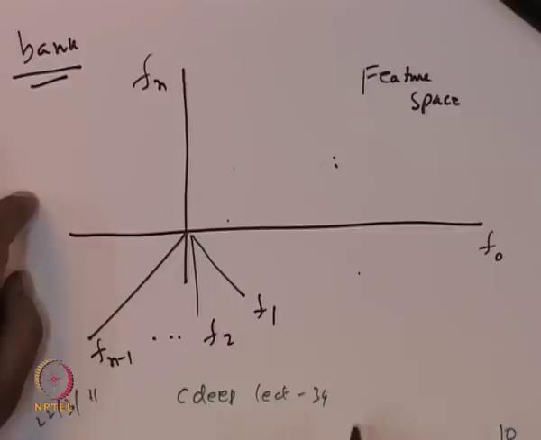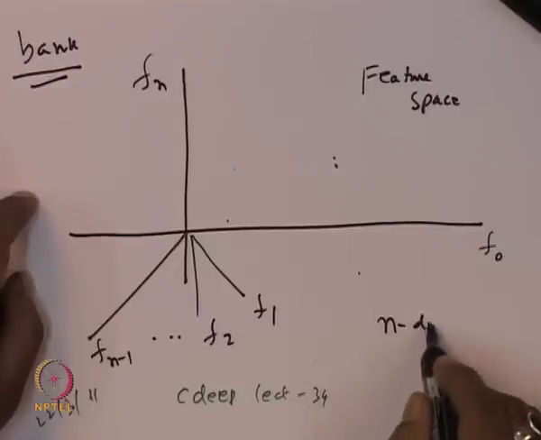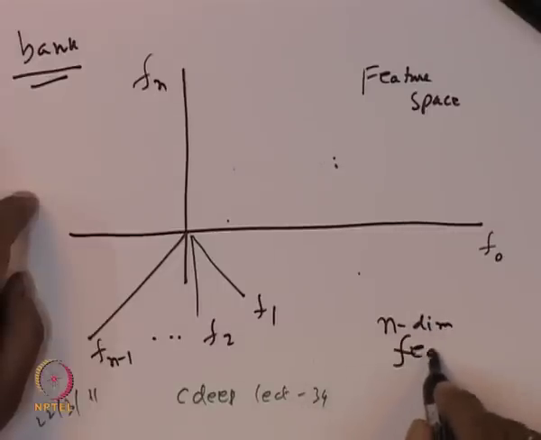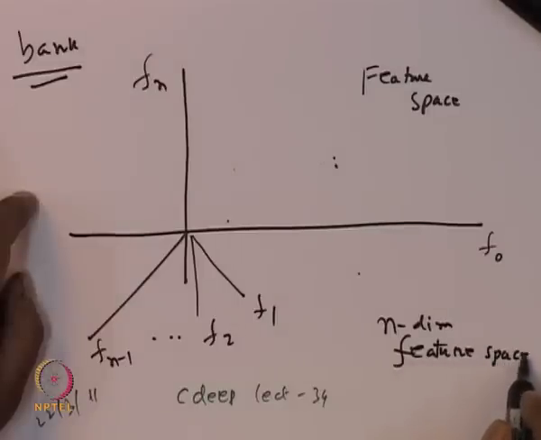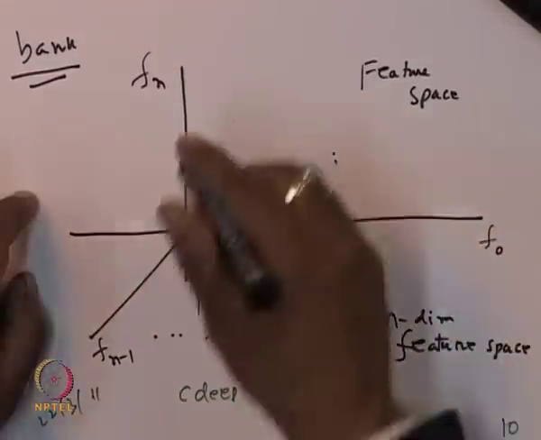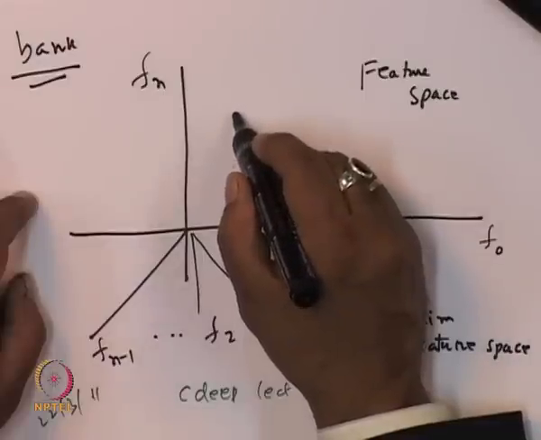So, we have an n dimensional feature space. Now, based on the features that we have mentioned, we obtain points.